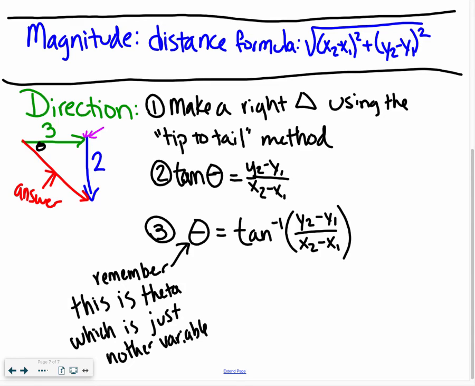And then the answer is the red arrow that connects the two. Then what you do after that is you take tangent of theta, so that's whatever that angle measure is, and you take the absolute value of the y2 minus y1 over x2 minus x1, and then you have theta equals inverse tangent of that fraction.